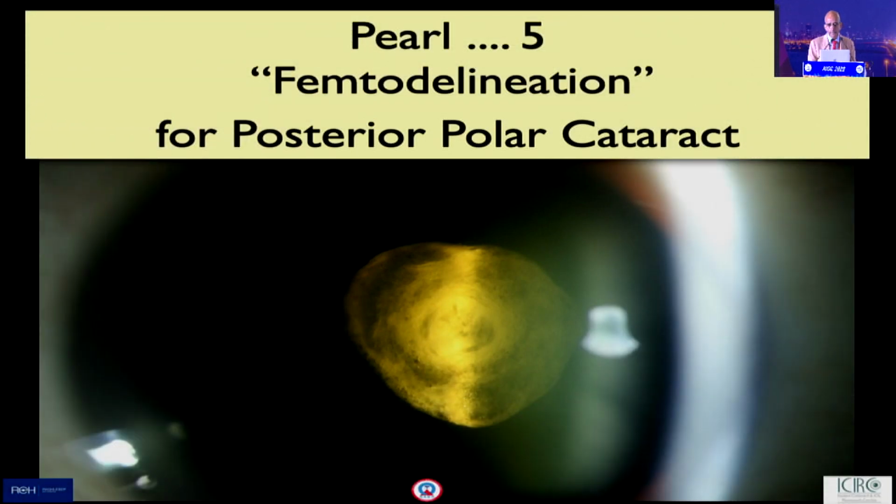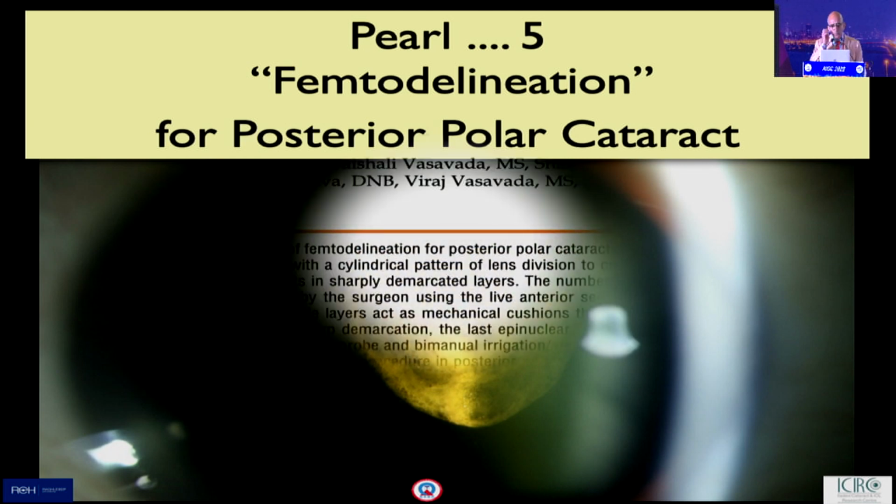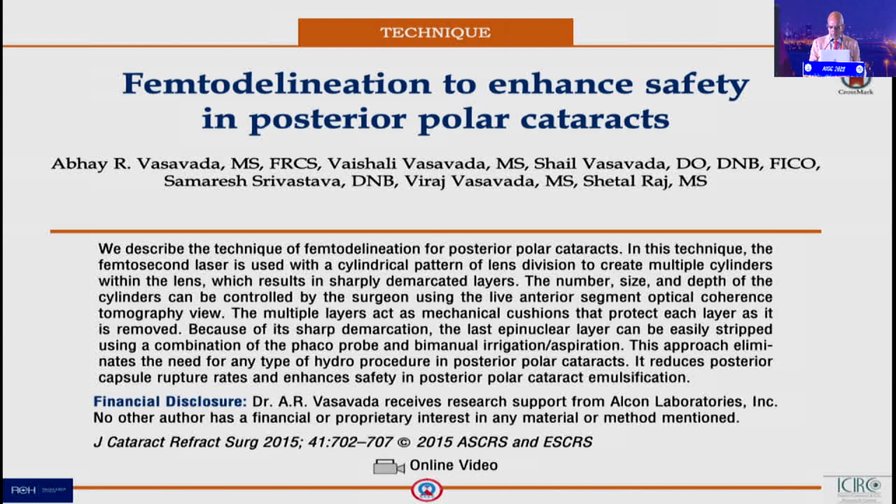And femtodelineation: I use femto in dense cataract, but Jeewan Titiyal would vouch that femtodelineation or any other flex technique really makes it a more controlled procedure, and there are various ways of using this technology.